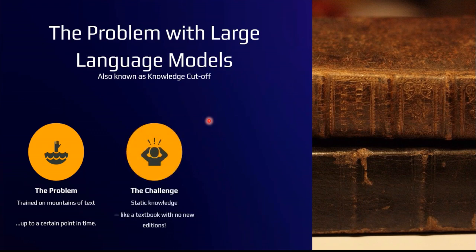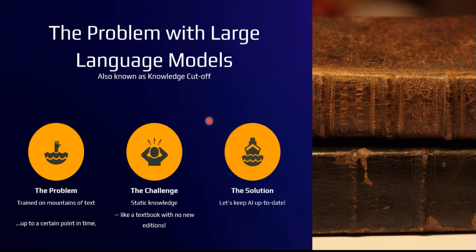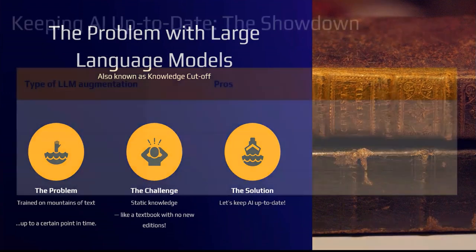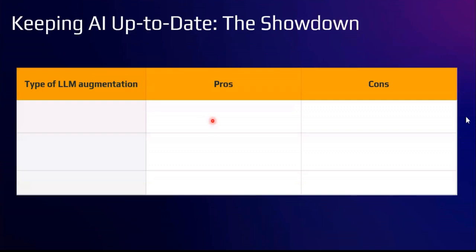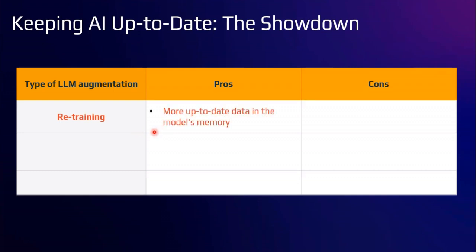So the challenge is static knowledge. And so the solution is very simple, right? Let's just keep the AI up to date. So how do we go about keeping our large language models and AI up to date? The very first one is retraining, where you basically retrain the model on a more updated data set, so you get more up-to-date data in the model's memory.